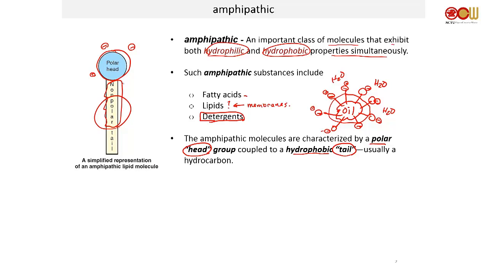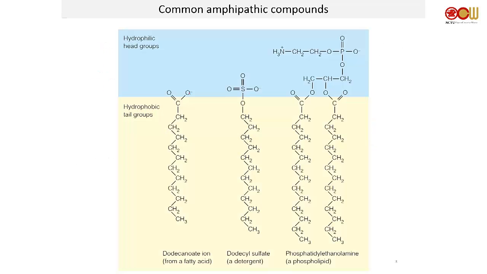Okay? And then the nonpolar tail, those things have a lot of carbons. Okay? So a lot of CH2, and so on. Okay? Like that. Right? Some very good examples that we run into in nature, for example here, you have dodecanoate.